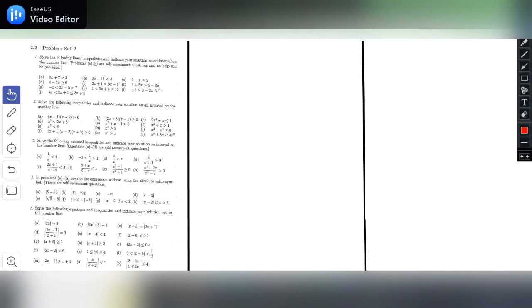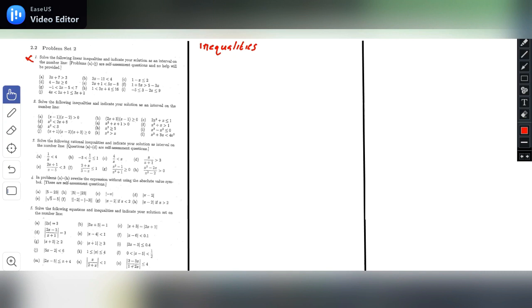So in this lesson we are going to talk about inequalities. We are going to solve all of these questions, from 1 to 5, but each question is going to have its own feed.